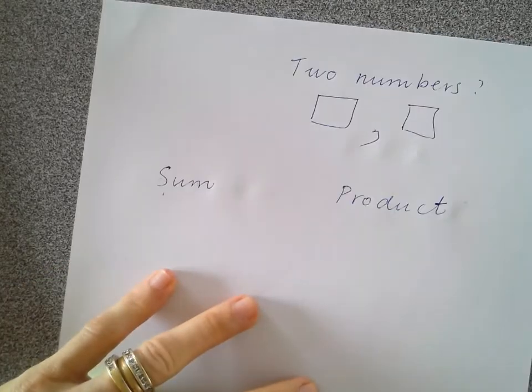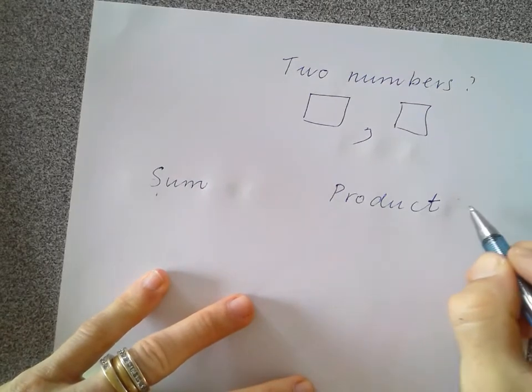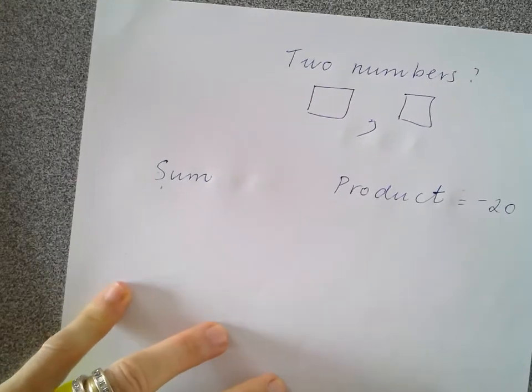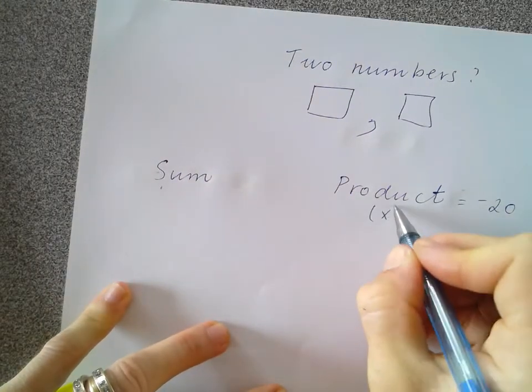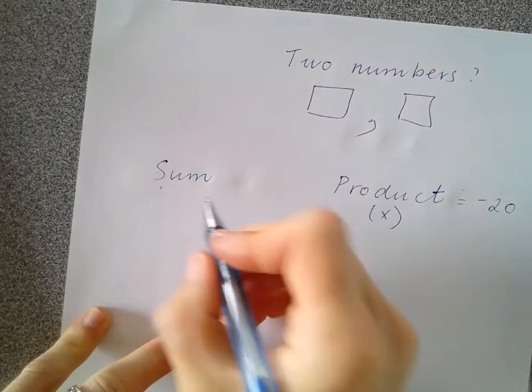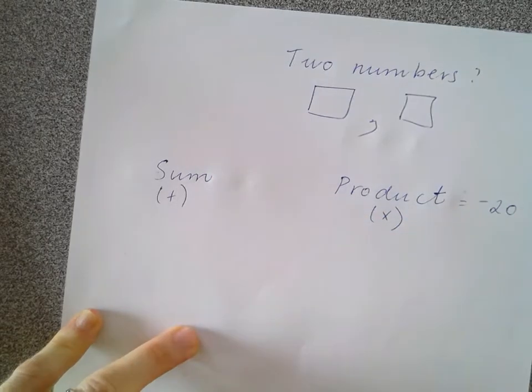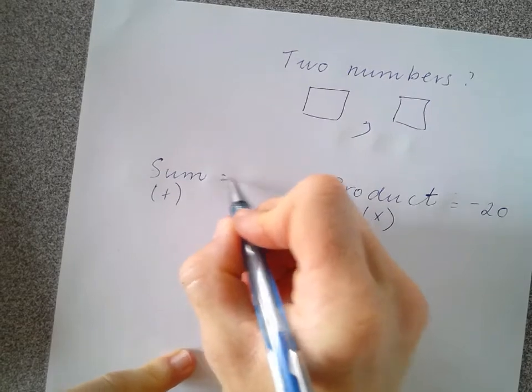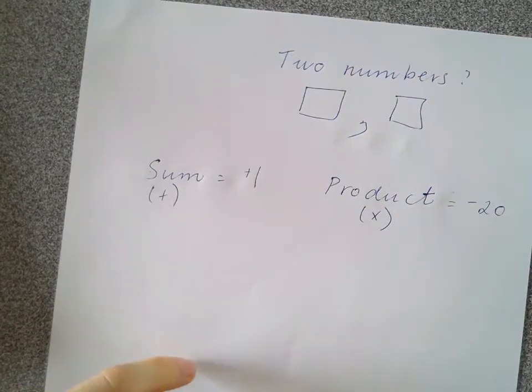The two numbers give us a product, this time of negative 20. When we multiply them, we get negative 20. When we plus these numbers, we get, this time I'll make it positive 1.